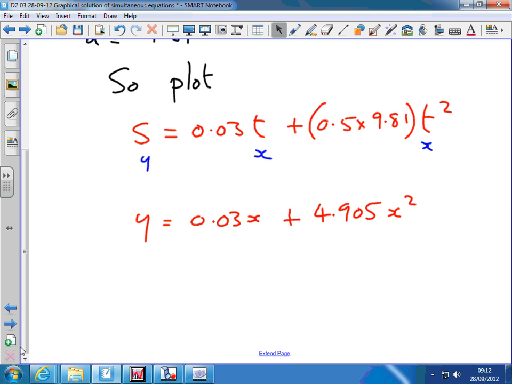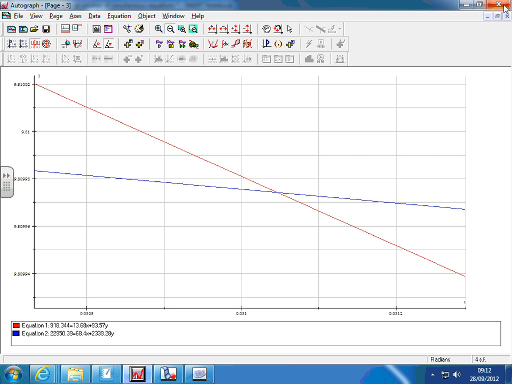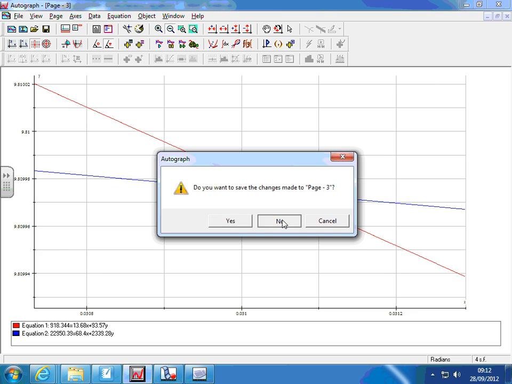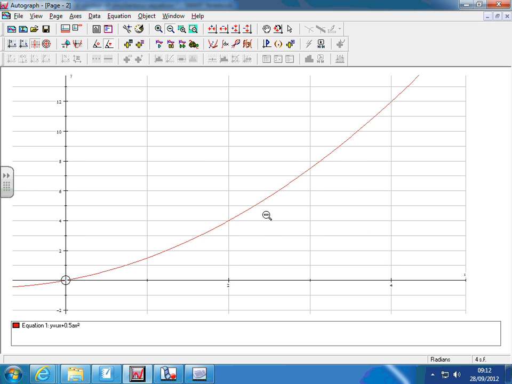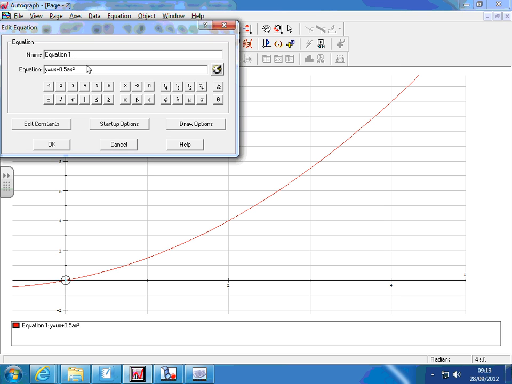So if we go back to the function we plotted in the first place on Autograph, this function, we played around with it with u and a set as 1, remember. So you might find you want to plot just s equals or y equals ux plus a half, as we've done here. But what we're going to do now is actually change this formula to the one we want to put in.